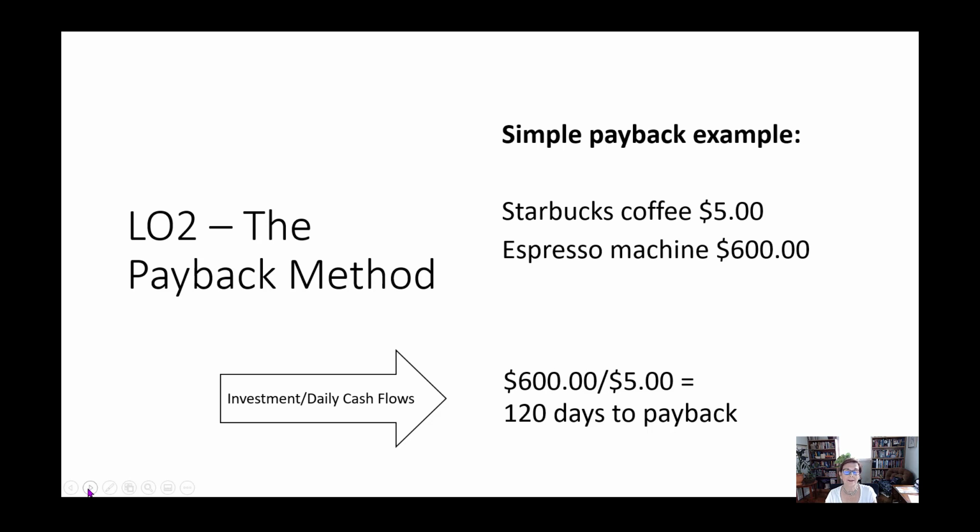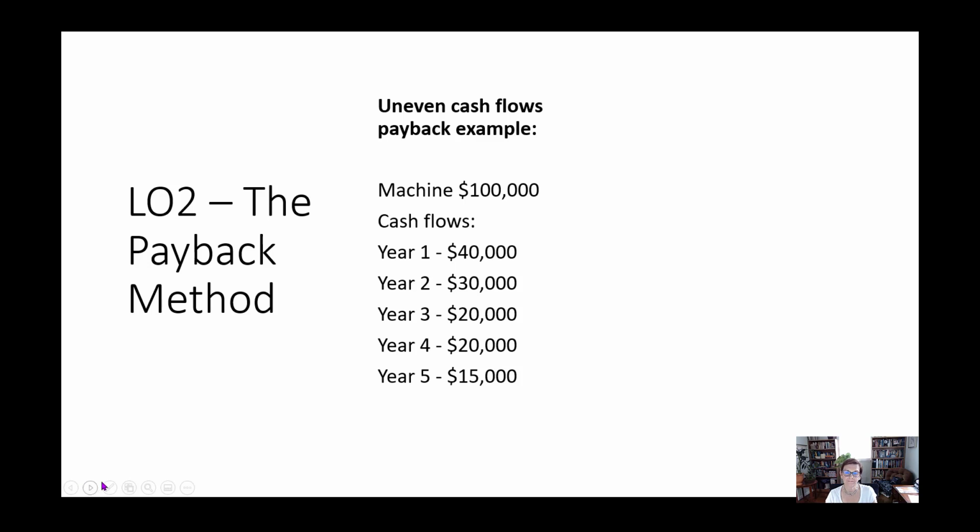Now, what happens if our cash flows are uneven? So let's look at this example. This is more like an example of a company. Let's say a machine cost the company $100,000. Cash flows are uneven. So in the earlier years, cash flows are greater than the later years. So what we have to do is keep adding up until we get to the $100,000, right?